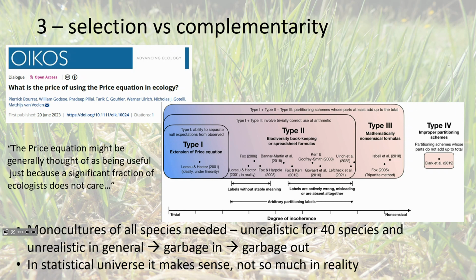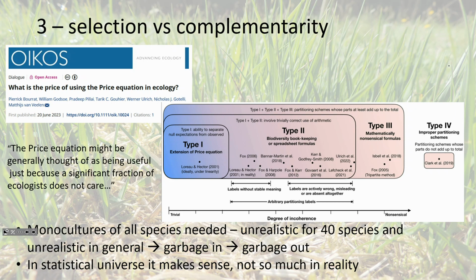And then you have these mathematically nonsensical formulas which are also used, and then there is another type, improper partitioning schemes. So basically, all the schemes by which you can partition the biodiversity effect into these components are, based on these authors, not based on me, either trivial, so saying nothing, or nonsensical.